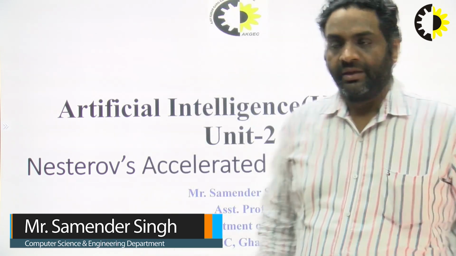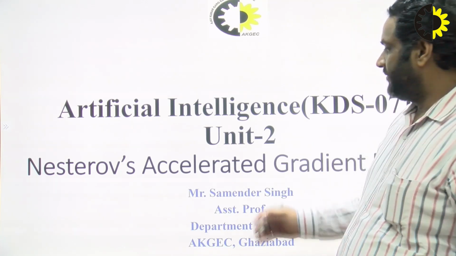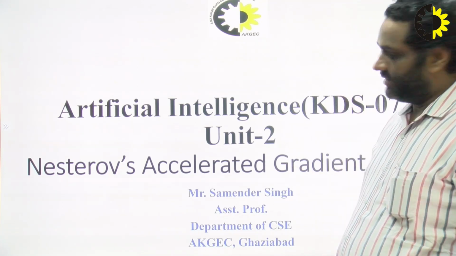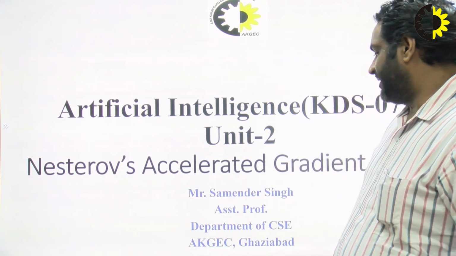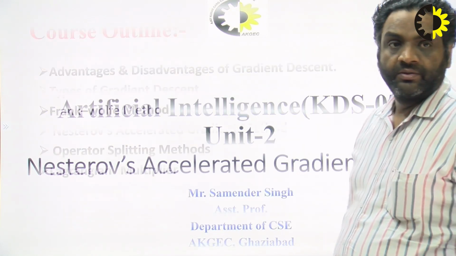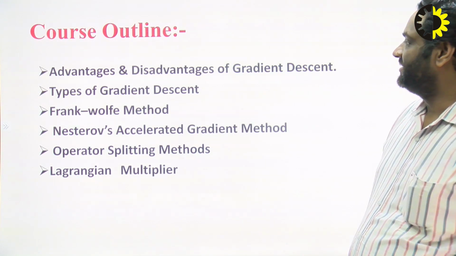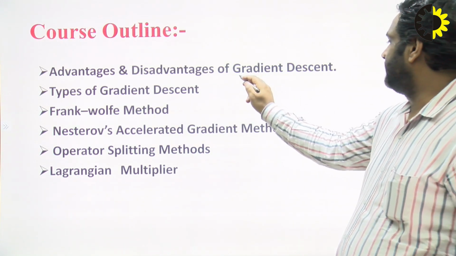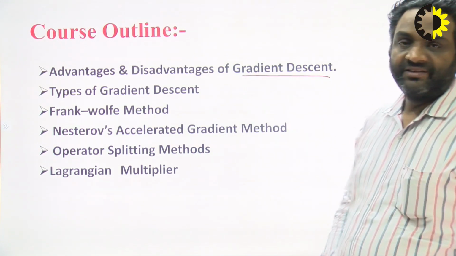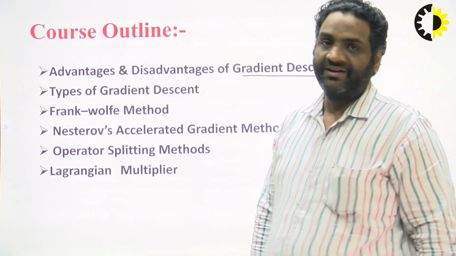So in today's session, I will cover a gradient method, that is Nesterov's accelerated gradient method. My today's course outlines the advantages and disadvantages of gradient descent. As in the last session, I covered gradient descent.